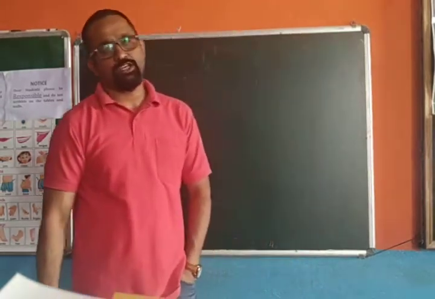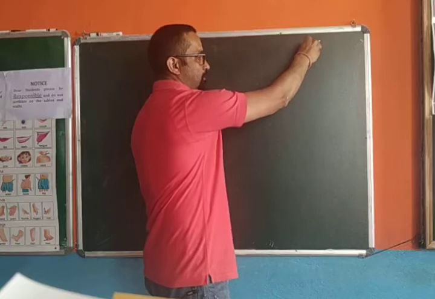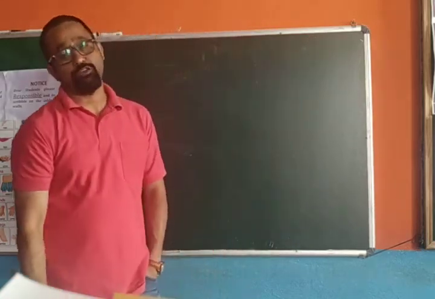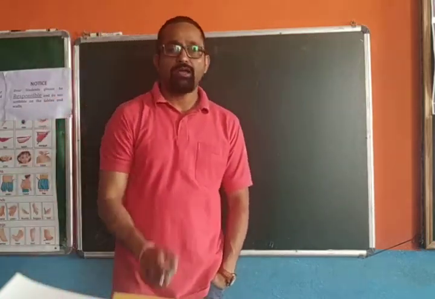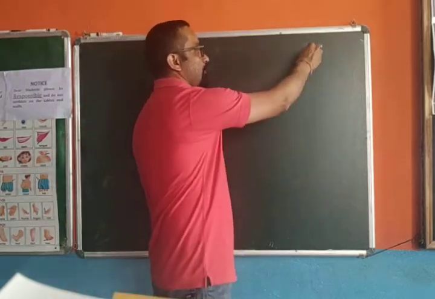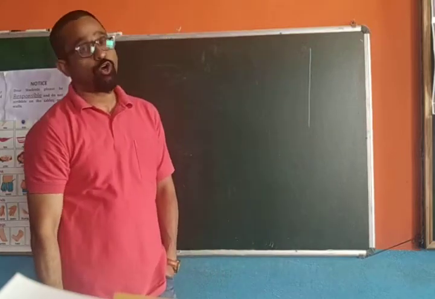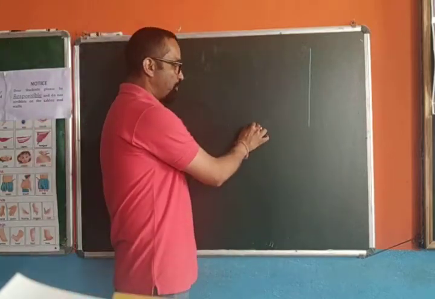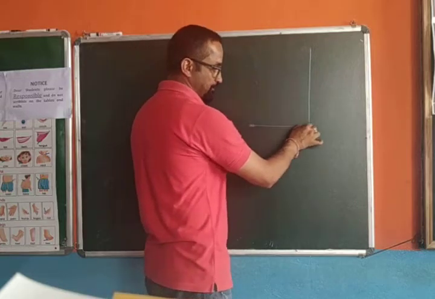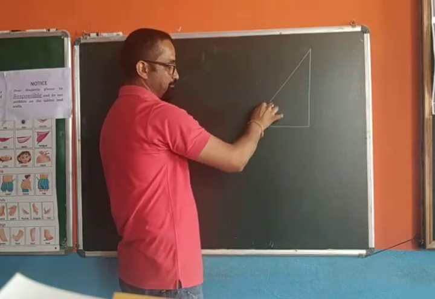Let's consider this. The angle of elevation of the top of a tree from a point on the ground is 30 degrees.